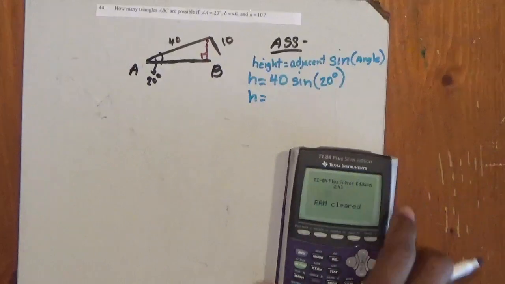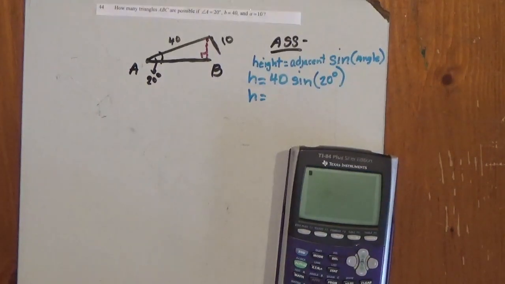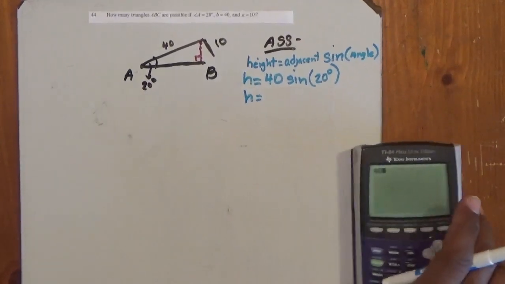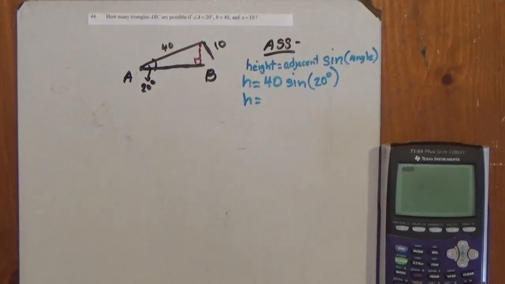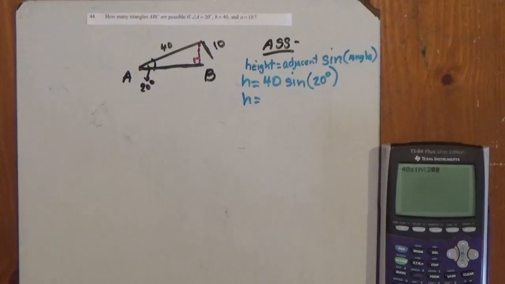In this case, make sure we are in degrees mode. Degrees first. We go 40 sine 20 degrees.